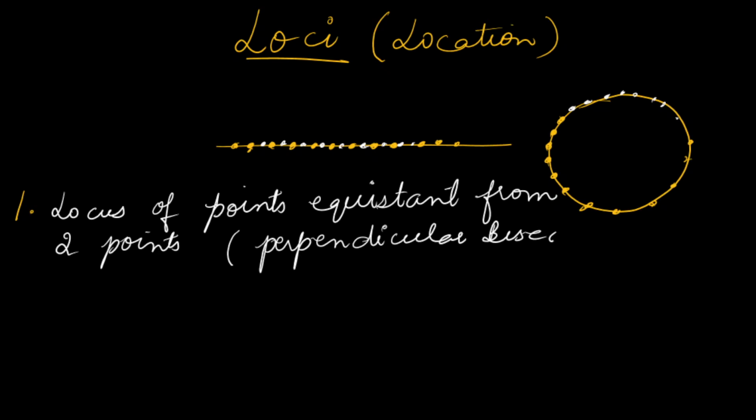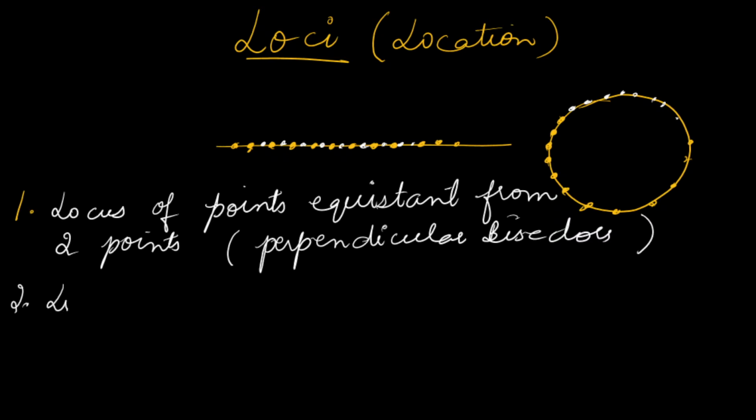Perpendicular bisectors and angle bisectors I have already taught you. Here also I will explain once again while doing the constructions. Just remember, whenever you have to draw locus of points equidistant from 2 points, that means you have to draw the perpendicular bisector of the given line segment.